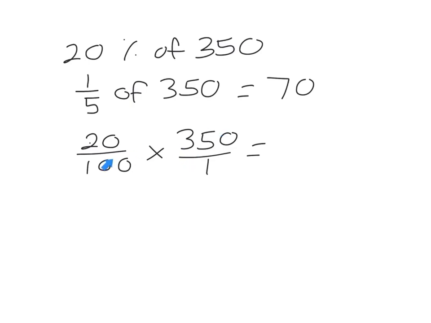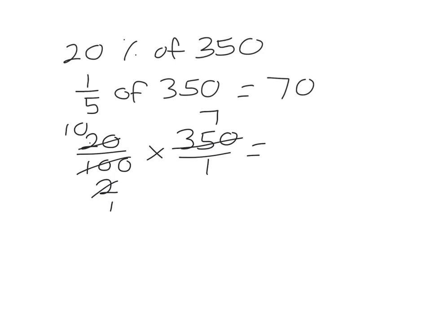But if I wanted to cross simplify, I could say, okay, I know that 50 goes into 100 2 times. And I know that 50 goes into 350 7 times. And can I simplify further? Yes. 2 goes into 2 once, and 2 goes into 20 10 times.